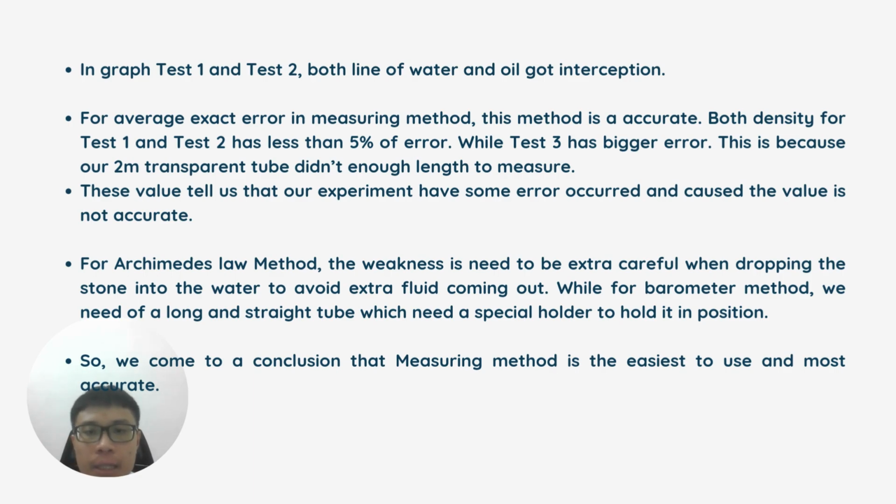For the Archimedes law method, the witness needs to be extra careful when dropping the stone into the water to avoid extra fluid coming out. For the barometer method, we need a long and straight tube, which needs a special holder to hold it in position. So we come to a conclusion that the measuring method is the easiest to use and most accurate.